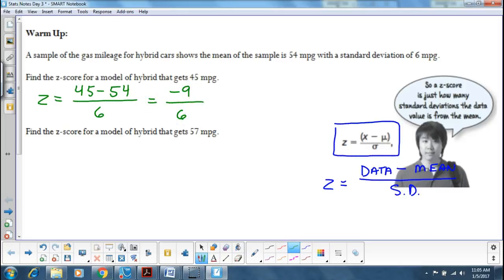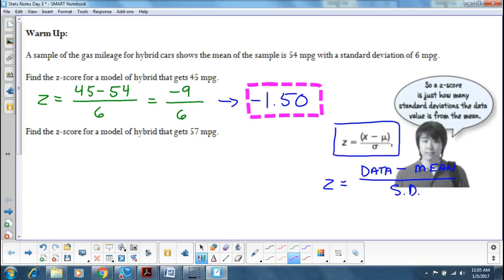Divided by 6 gets me a z-score here of negative 1.50. You'll see why in a minute. Okay. Yes? Negative z-score there makes sense. Okay? The data point was less than the mean, so that means I'm 1.5 standard deviations below the mean.